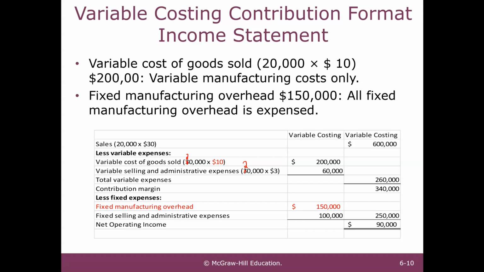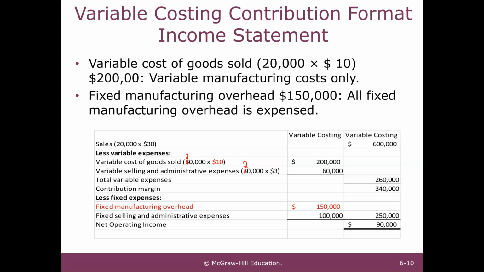Variable selling and administrative expenses, 20,000 units times $3. Gives you a total of $260,000 variable costs. Subtract that from the sales, contribution margin is $340,000. The two combined fixed costs are $250,000, which is fixed manufacturing overhead and fixed selling and administrative.